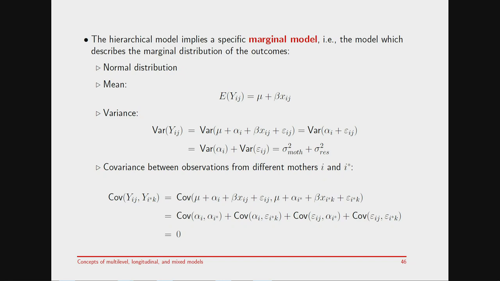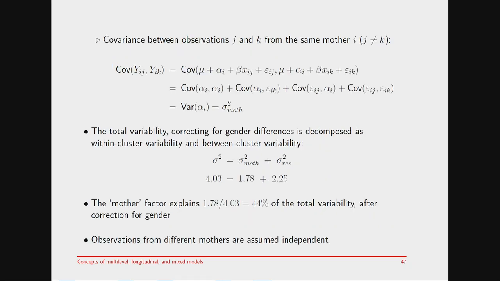But if you take two animals with the same mother, then this cannot be repeated anymore. Take two animals with the same mother, mother i, then in their model they would have the alpha i in common. And then everything continues the same as on the previous page, except that you would have here the covariance of alpha i with alpha i. And what is that? It's the variance of alpha i, so it's the sigma squared of the mothers.